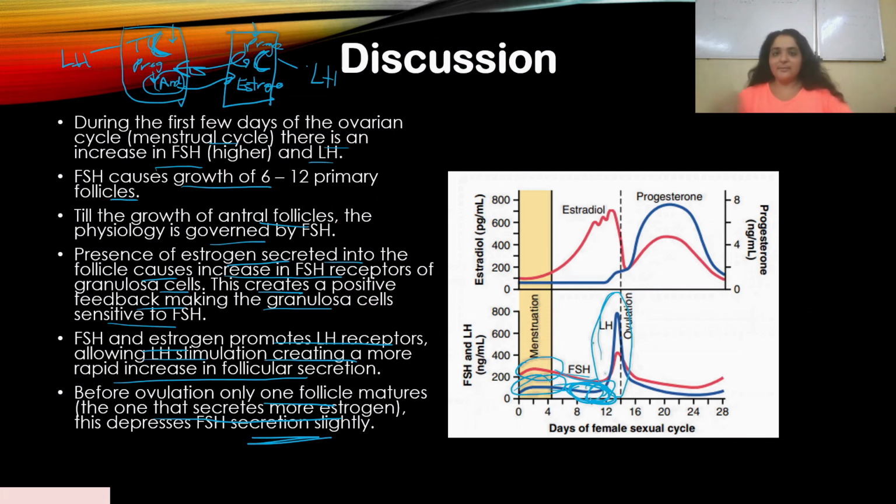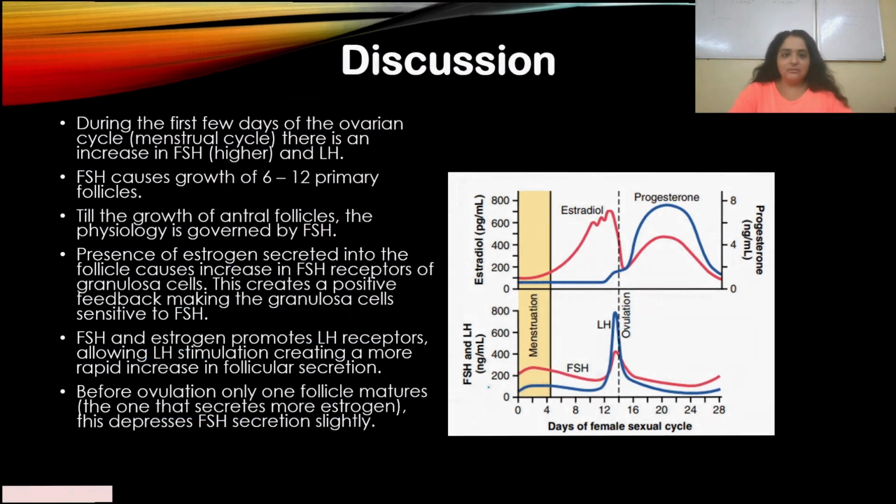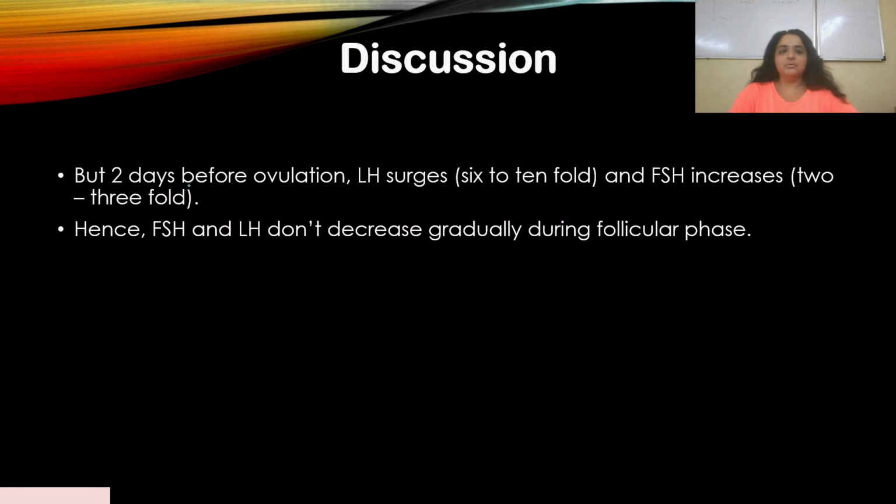before the final oocyte comes out of the ovary, there's an LH surge and an FSH surge. The combination of the two allows the ovarian follicle to swell up and allows the secondary oocyte to leave the Graafian follicle. So although there's a depression, 2 days before ovulation there's an LH surge and FSH also increases, and hence FSH and LH don't decrease gradually during the follicular phase.